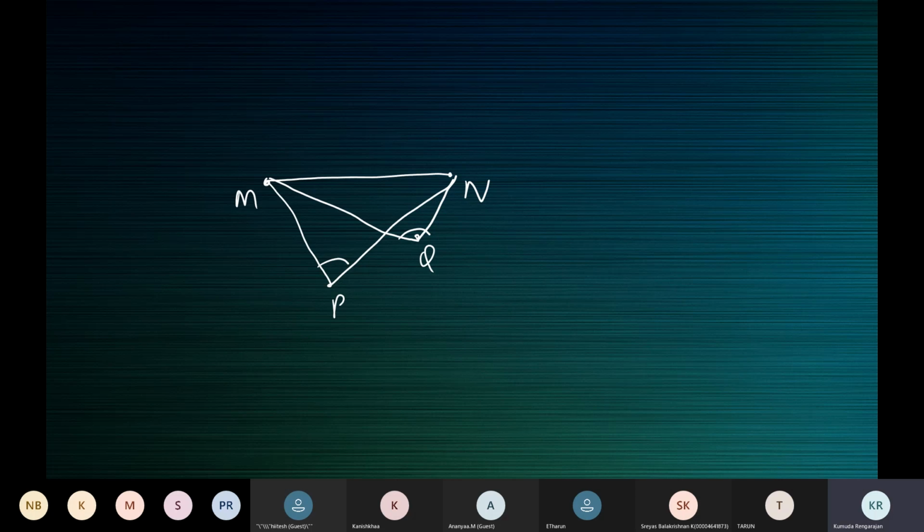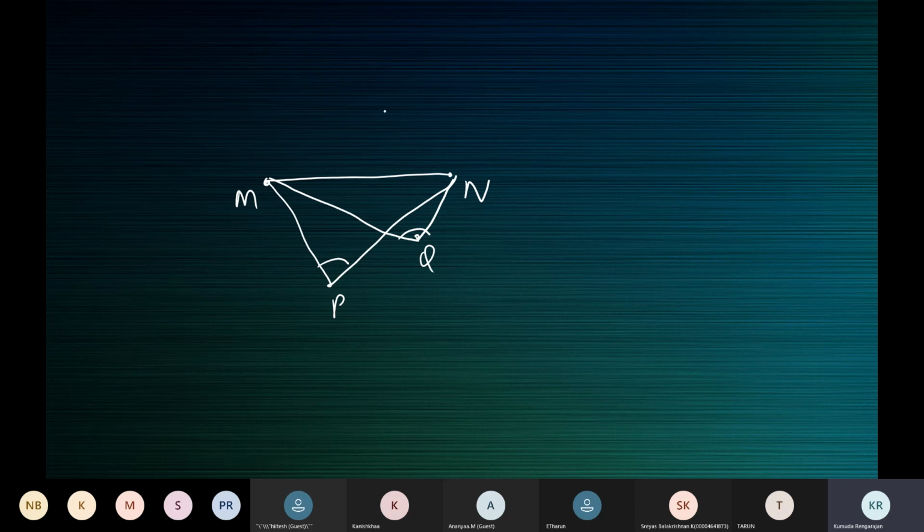When this line segment MN subtends two equal angles, MPN and MQN, and they are equal, both the angles must lie on the same side of it. So both of them are below. If these two angles are equal, then the 4 points are concyclic.